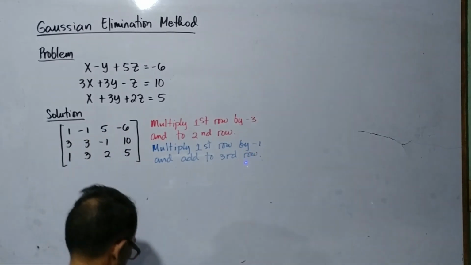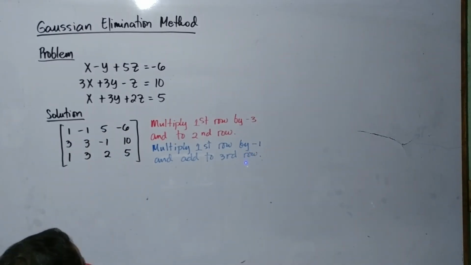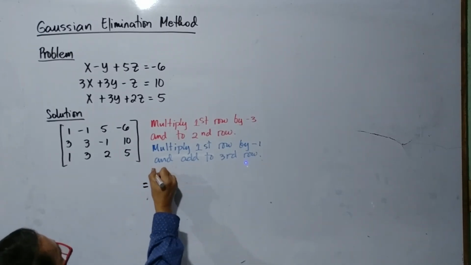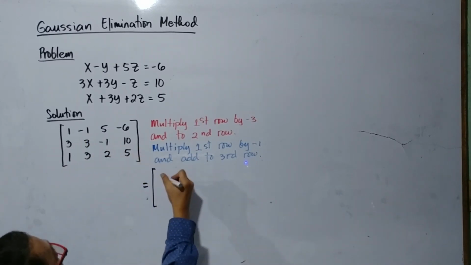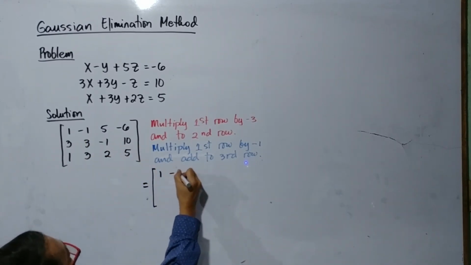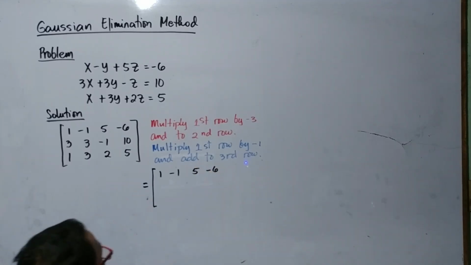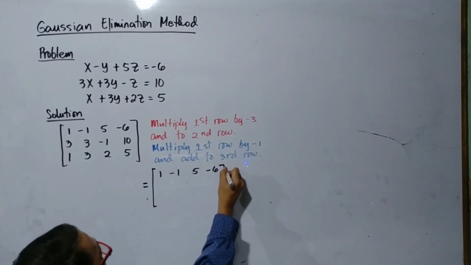Let's start. Just copy the first row. So we have 1, minus 1, 5, negative 6. Okay, let's start.